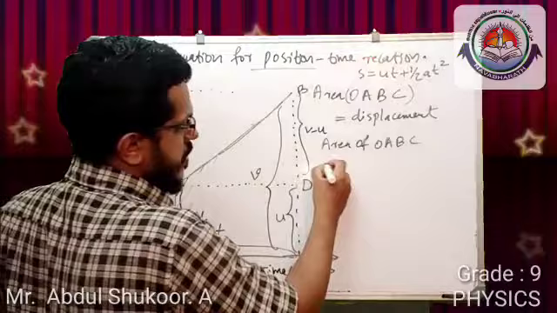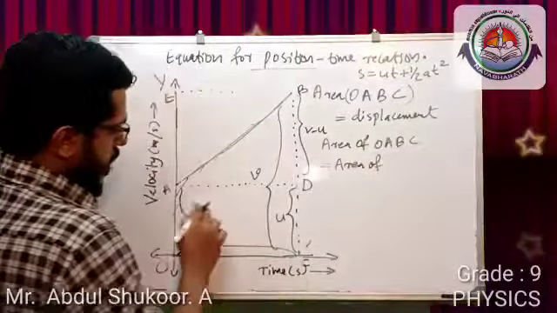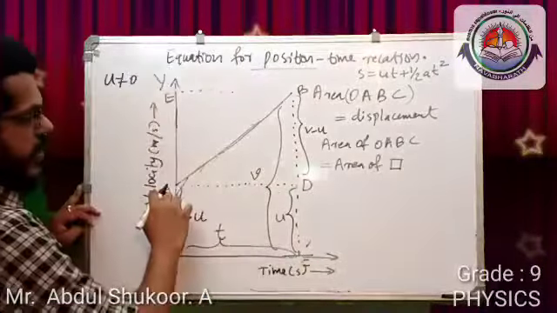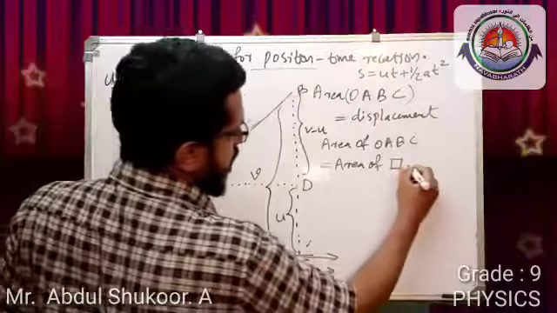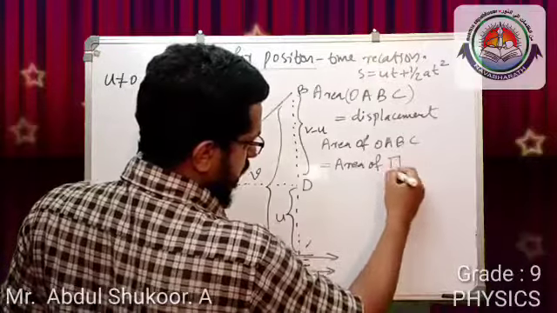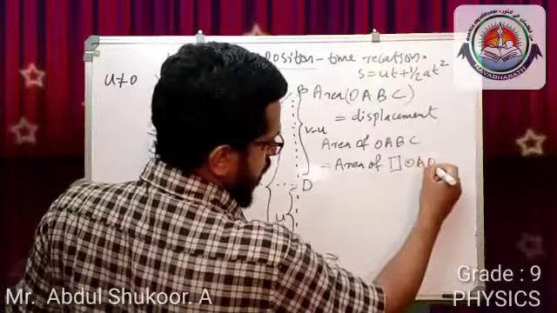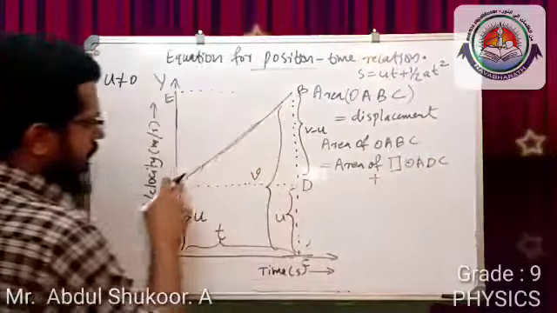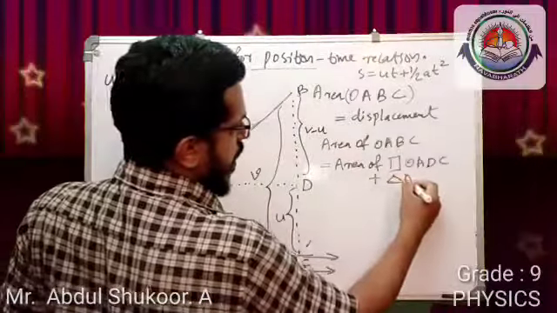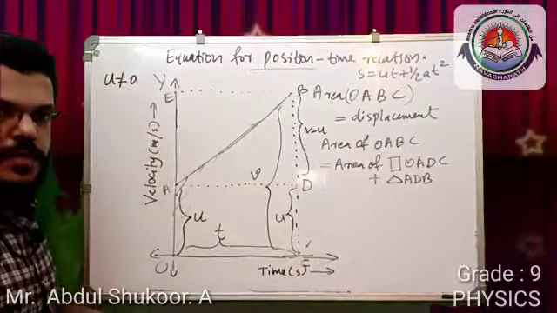That is, the area of trapezium OABC is equal to the area of rectangle OADC plus the area of triangle ADB.